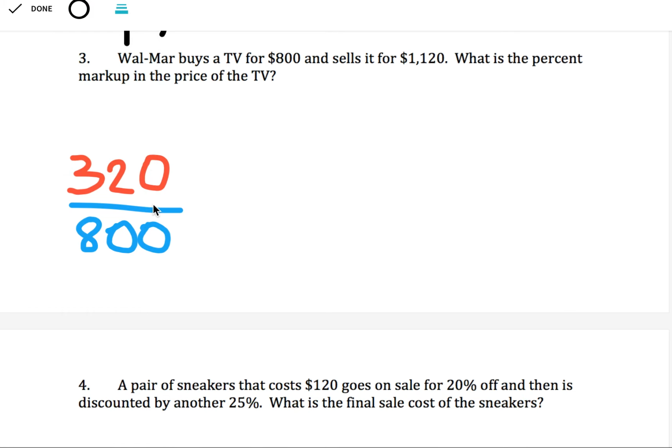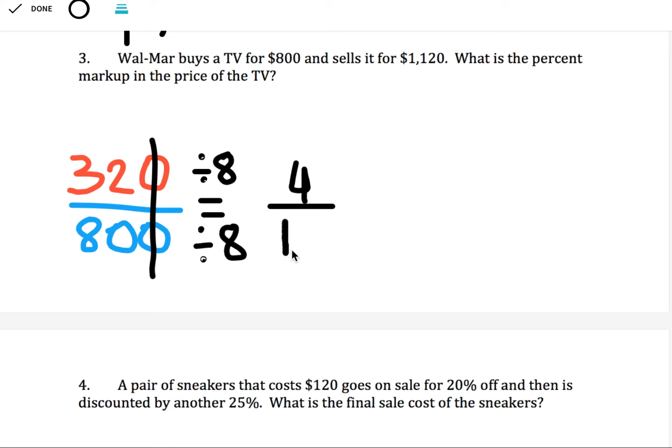By what percent did they increase the price of the TV? Well, let's take away those zeros. We get 32 over 80, which if we divide by 8, is 4 over 10, and that is 40%, 40 out of 100.